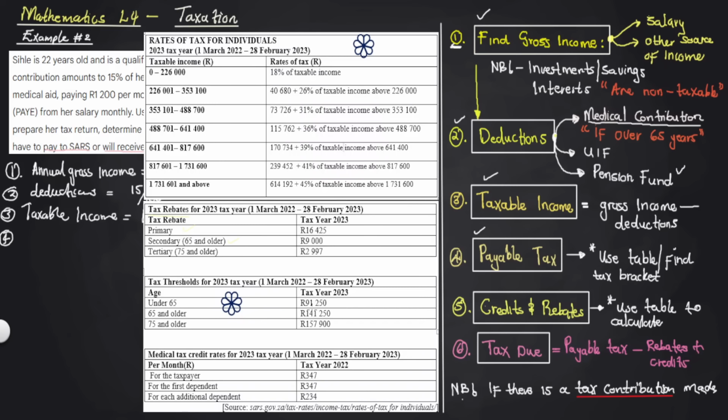So she's liable for tax. But enough about the tax threshold. We're going to consult the tax table. She falls in the first tax bracket because her income is between 0 and 226,000.